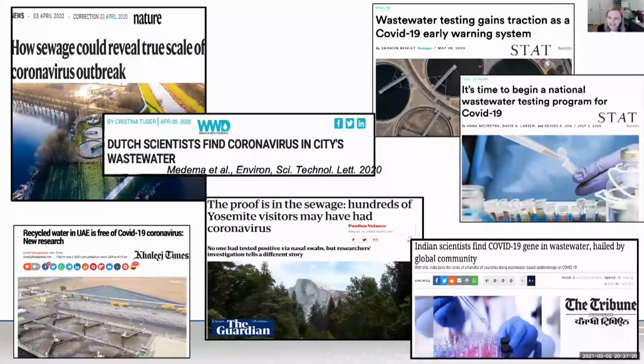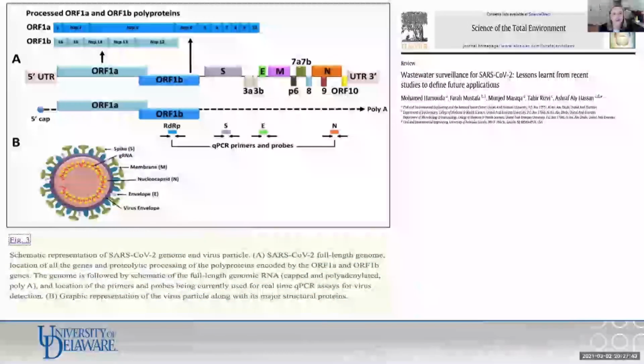As I mentioned, this has been going on around the world. Some of the groups, such as these Dutch scientists here in the middle, and others around the world, were some of the first to be doing this early on in 2020. And it's been very exciting to see how much people are communicating, how much sharing is going on in terms of making sure we're all using the best approach that we can.